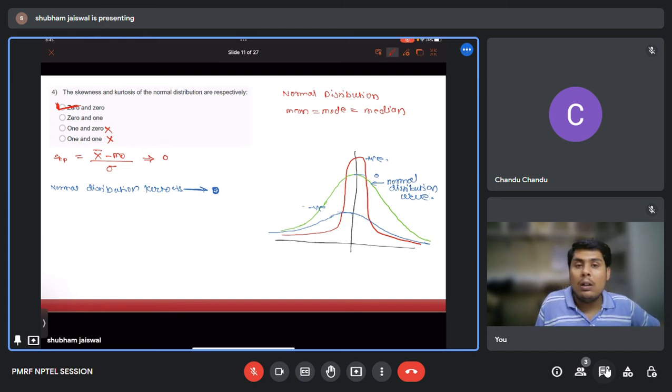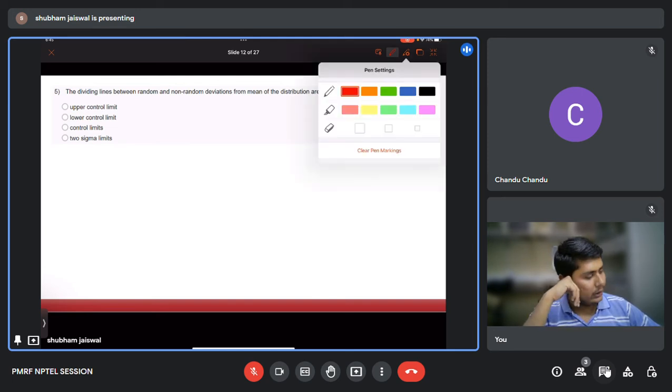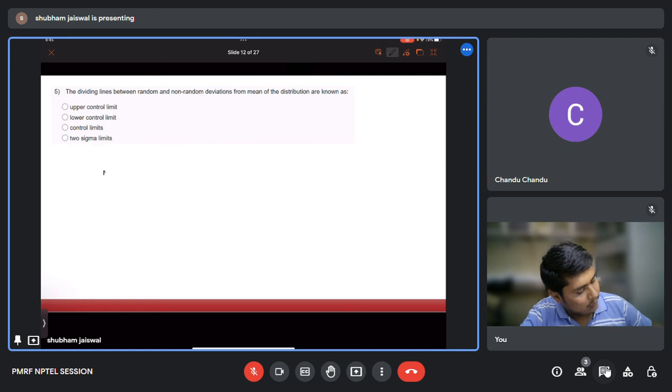So the next question is: the dividing lines between the random and non-random deviation from the mean of the distribution are known as upper control limit, lower control limits, or sigma limits. For your easy understanding, I will draw one figure. From that you can easily answer.